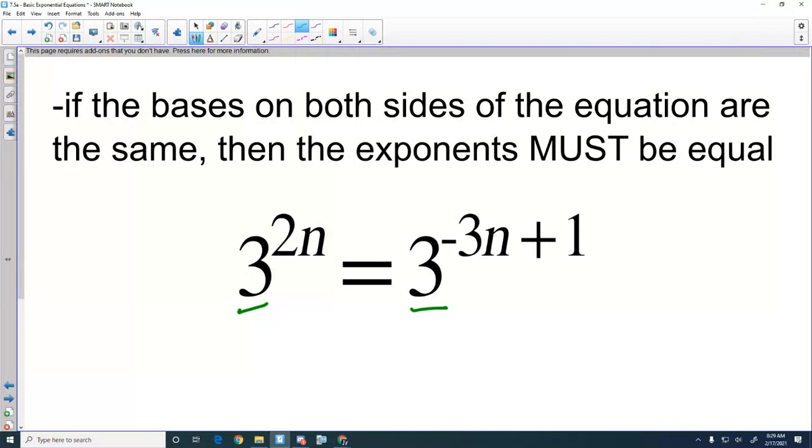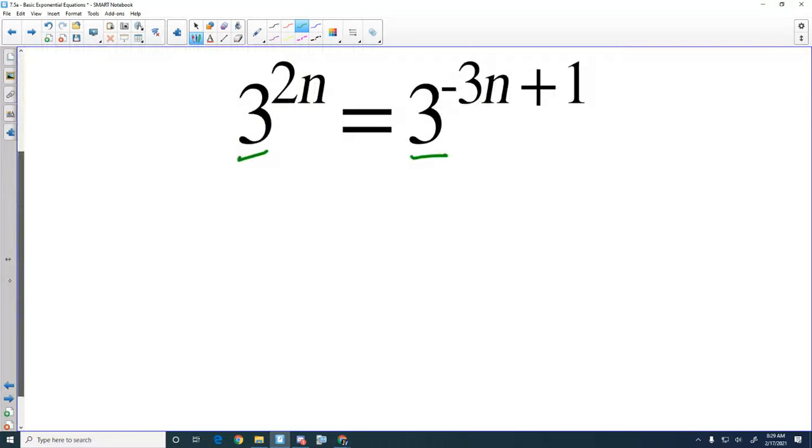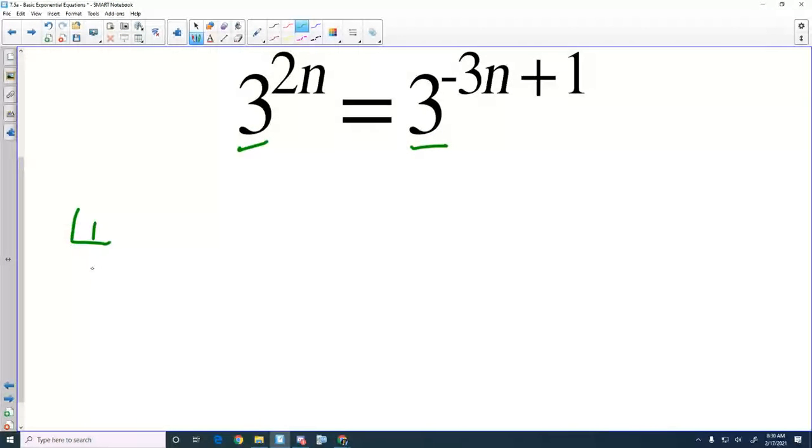If both sides have the same base and they're equal, what do you think has to be true about the exponents on both of those bases? They would have to be the same also, because if they're not, for example, if I had 4 to the 5th equals 4 to the 8th, is that true?